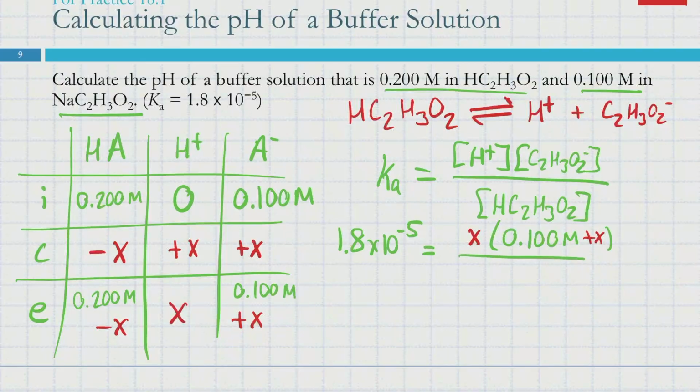And our acetic acid is 0.200 minus x. If we take a look at our Ka value, it's 10 to the minus 5, and our concentrations are about 10 to the minus 1. We've got roughly 4 orders of magnitude difference. Our x is small approximation is likely to work here, so let's try it.